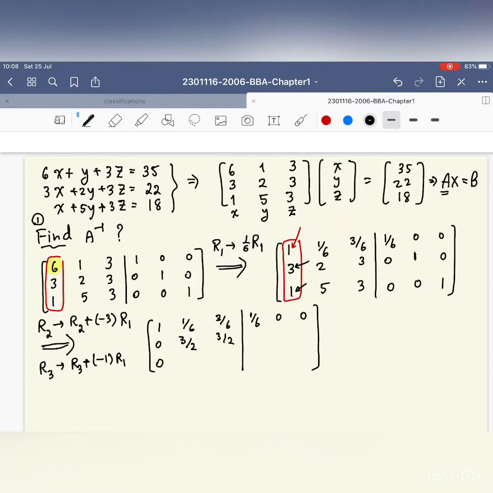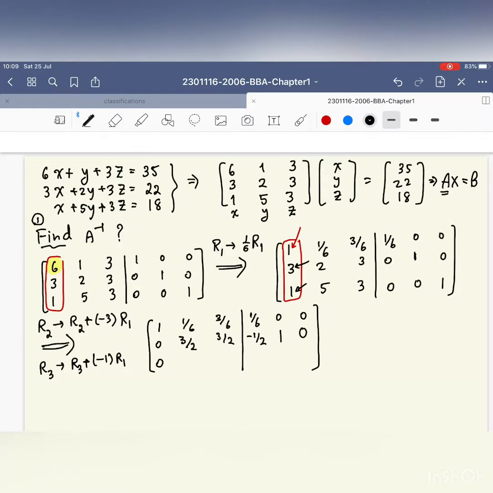And then this one you multiply by -3, so actually it is -1/2 again, and add with the 0, so you have -1/2. This one is a 0 with a 1, so you got 1. This one is also 0 with a 0, so you have 0.